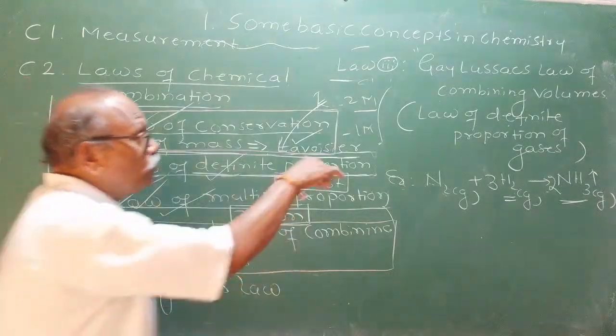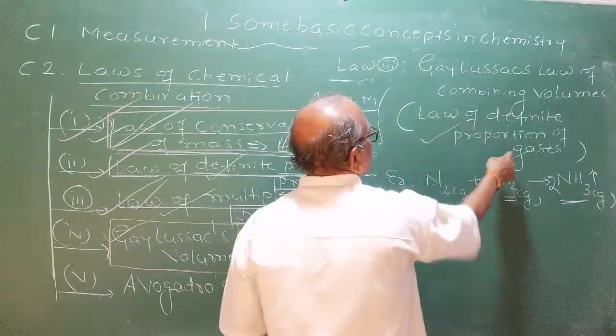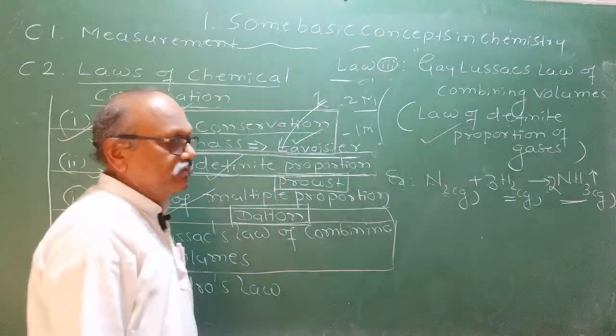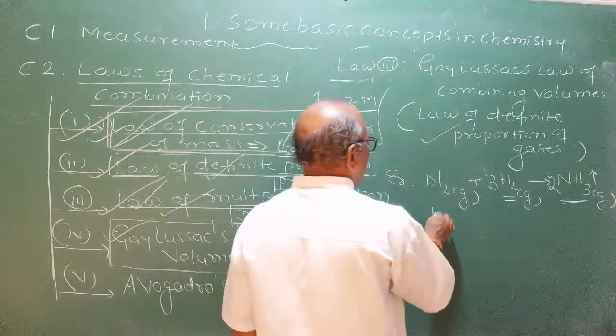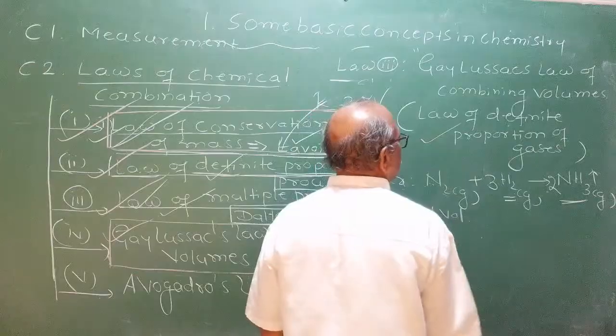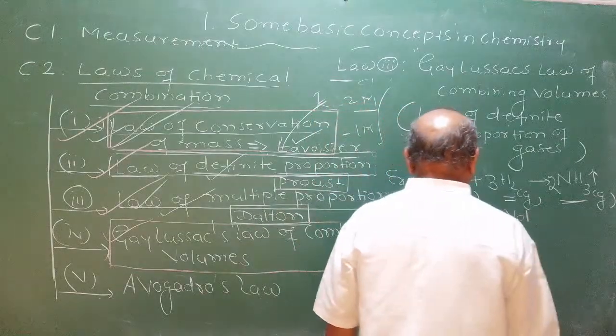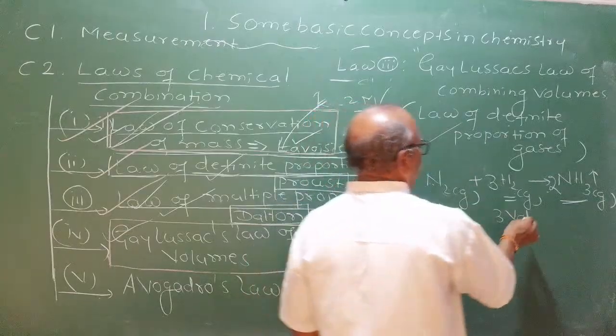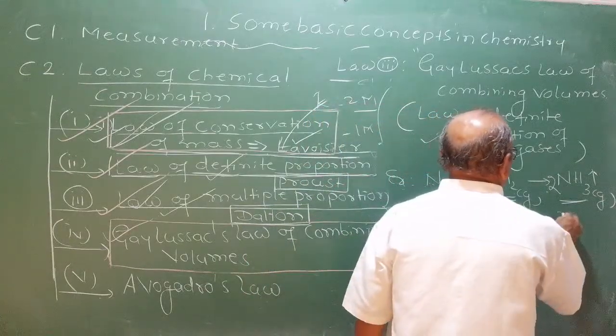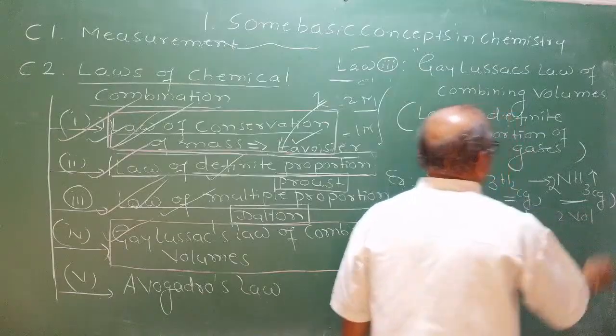If I take the volume, generally gases will have volume. That is, 1 volume of nitrogen combines with 3 volumes of hydrogen to form 2 volumes of ammonia.